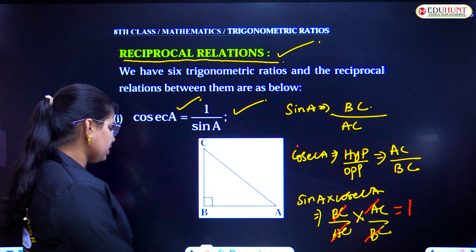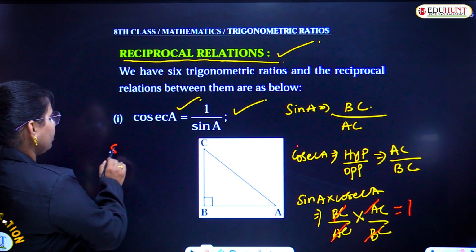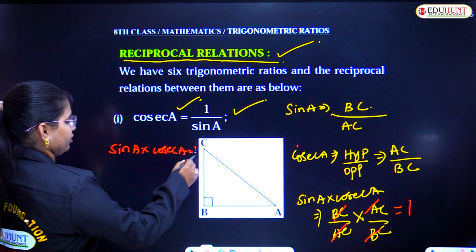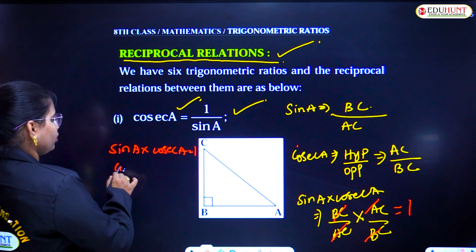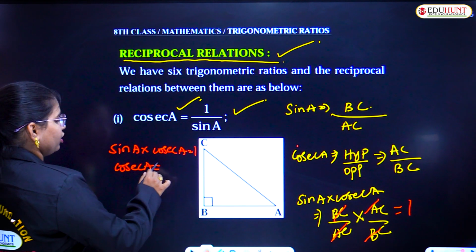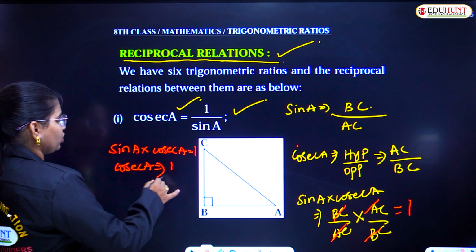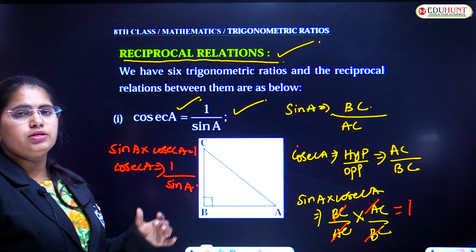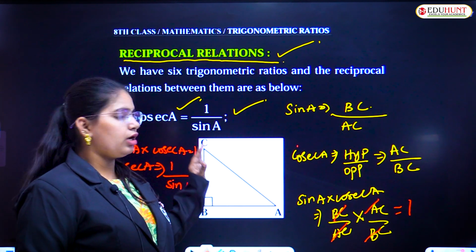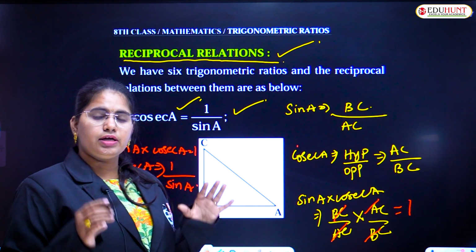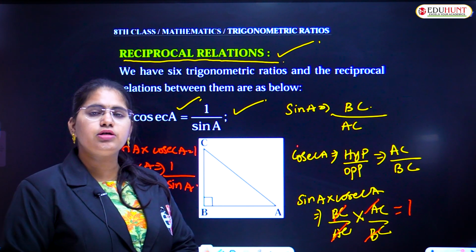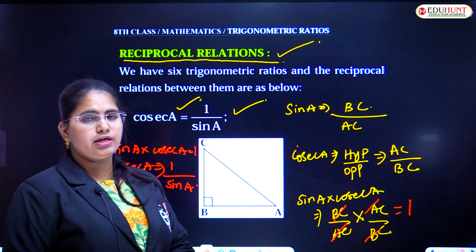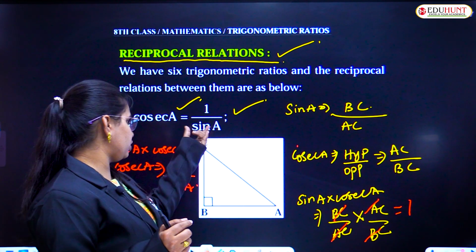So sin A into cosecant A is equal to 1. If I want to find the value of cosecant A, it can be written as the reciprocal of sin A. Listen, children: till now you have learnt that cosecant A is hypotenuse by opposite side, a reciprocal of the sine function.